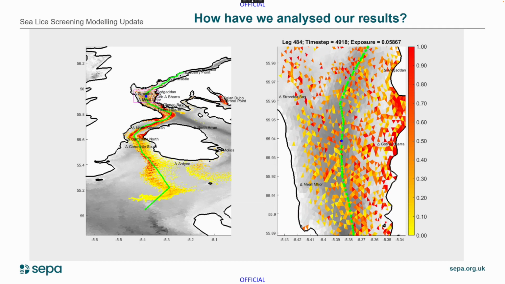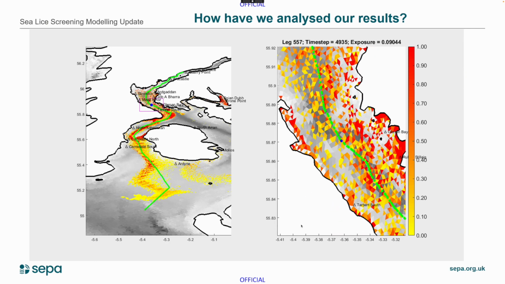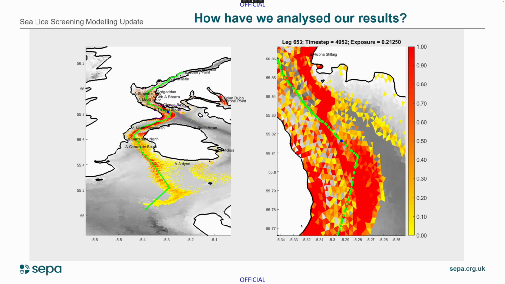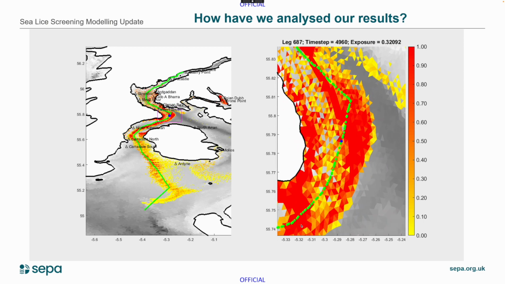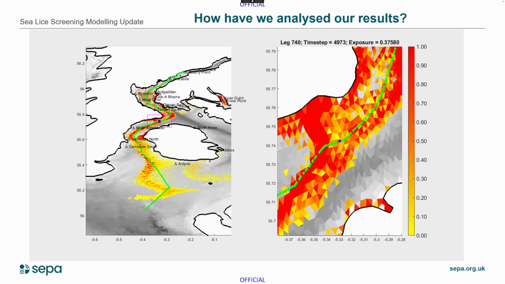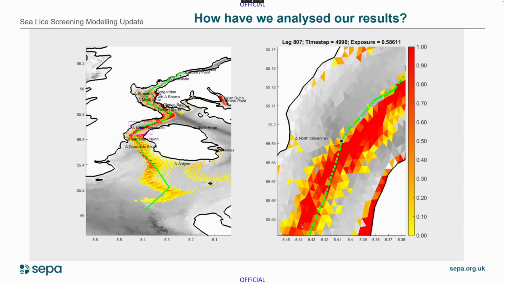So on the right in this animation, we're showing the pathway of a fish as it moves down a loch system, out of Loch Fyne and into the wider Firth of Clyde. And you can see that at different points in time, it's exposed to different levels of modelled lice concentration.